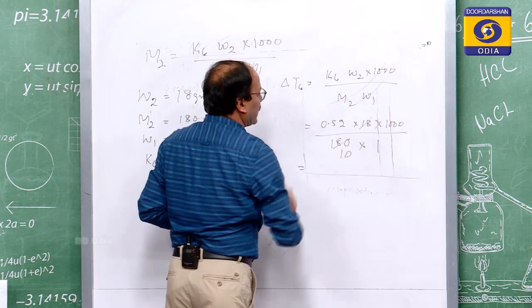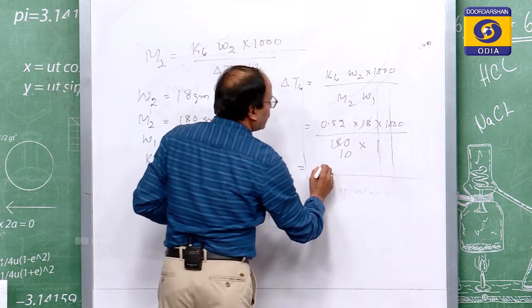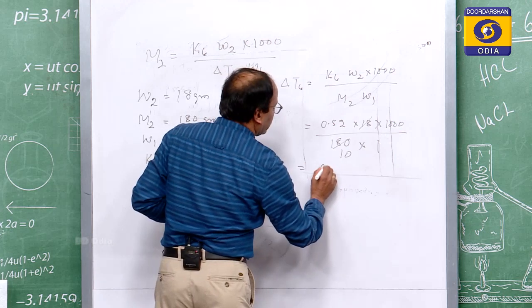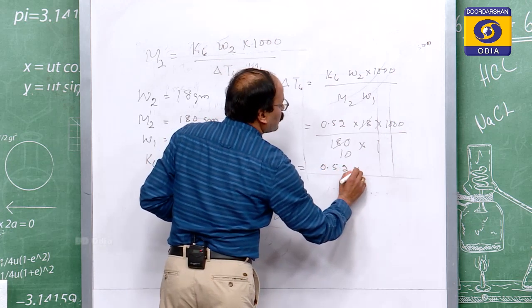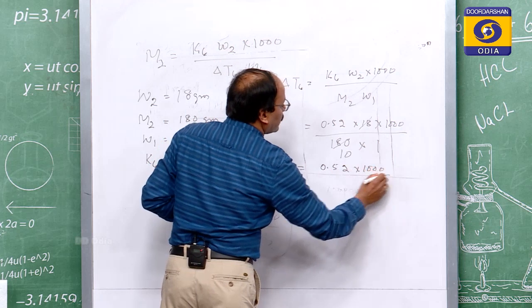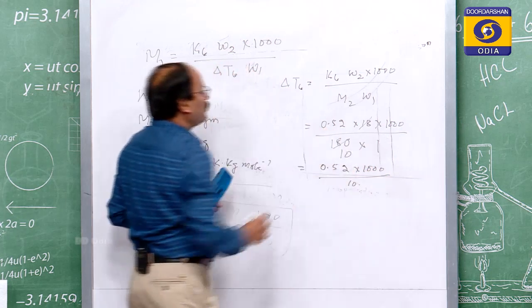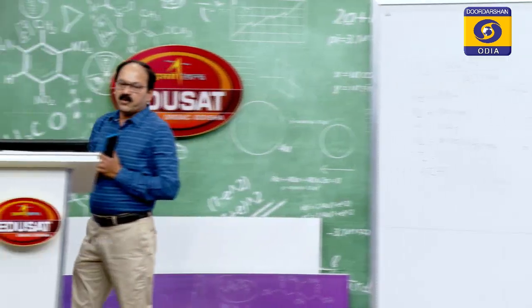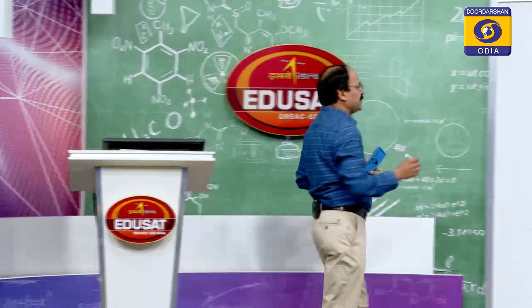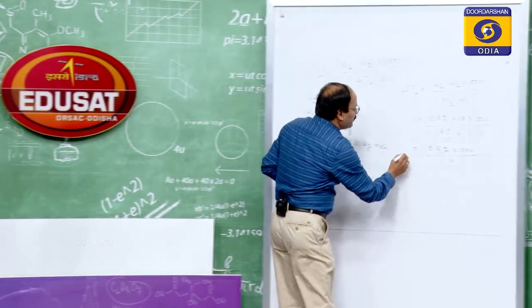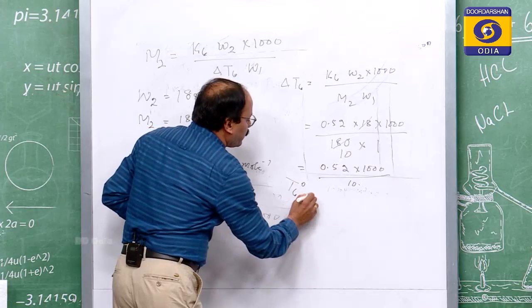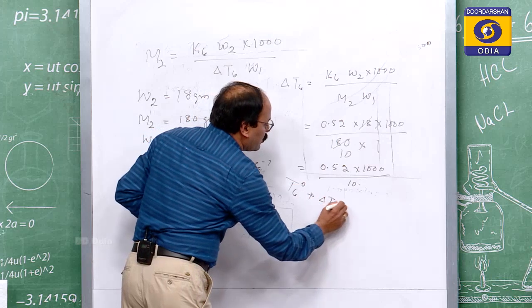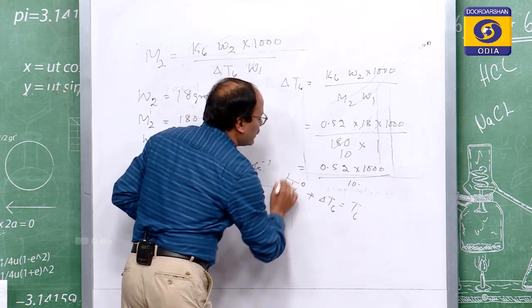So, we will calculate the increase in boiling point, 0.52 into 1000 divided by that. That will give you delta Tb. From this delta Tb you can calculate Tb: Tb0 plus delta Tb will give you Tb, the boiling point of the solution.